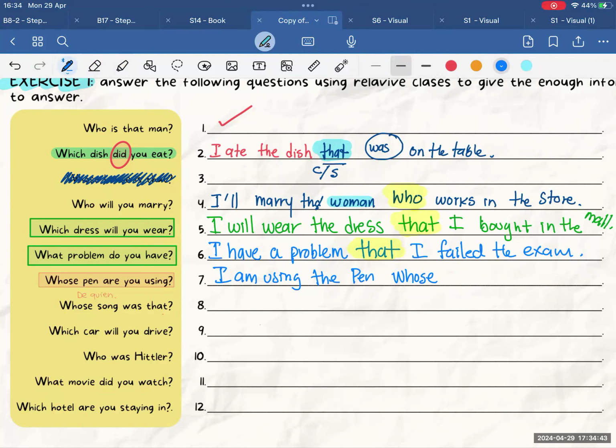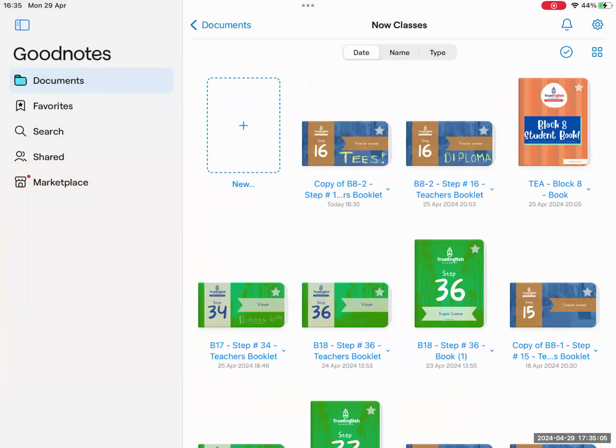Casi no lo usamos en español, exactamente. Sería whose, maybe whose, let me do it. Whose phone, whose phone is next to my phone, for example. Oh, damn it.